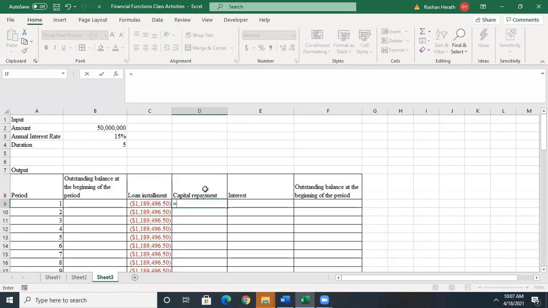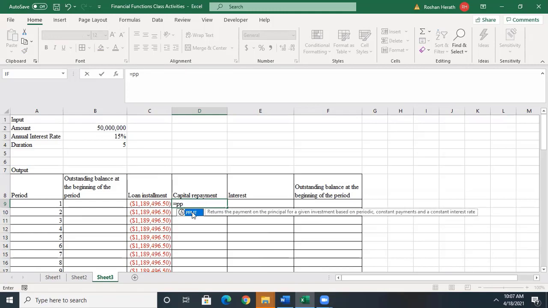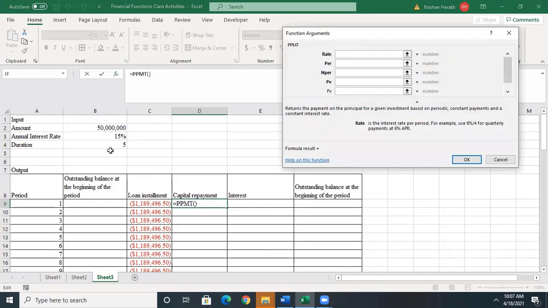So the capital repayment, you can take the PPMT function. So the PPMT function will help you with that. So the rate, that is 15% divided by 12. The period, and must change 1 to NPER.